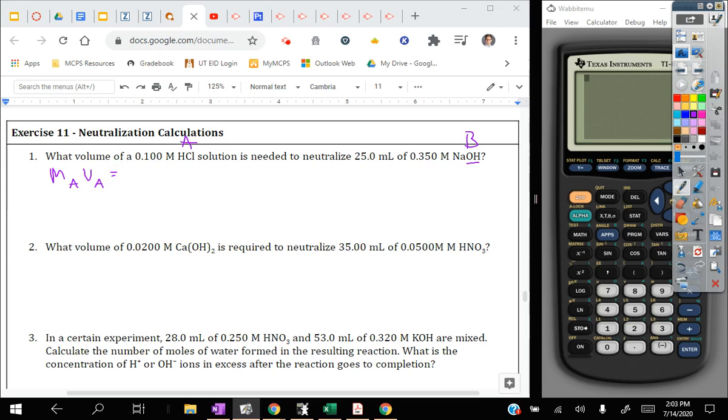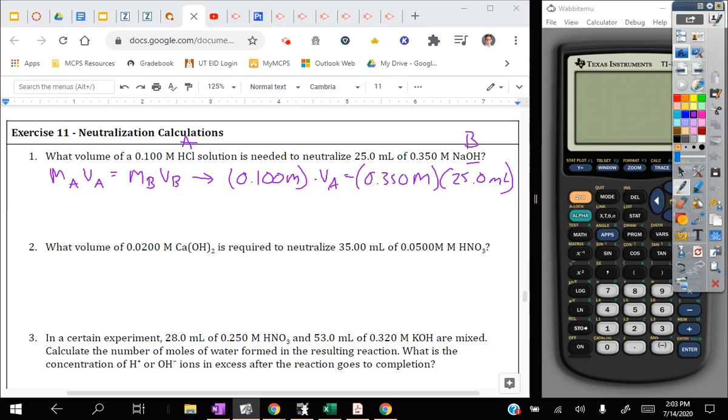So let's plug in, and then we can rearrange and solve. 0.100 molar of my HCl times the volume of my acid is equal to 0.350 molar times 25.0 mL.